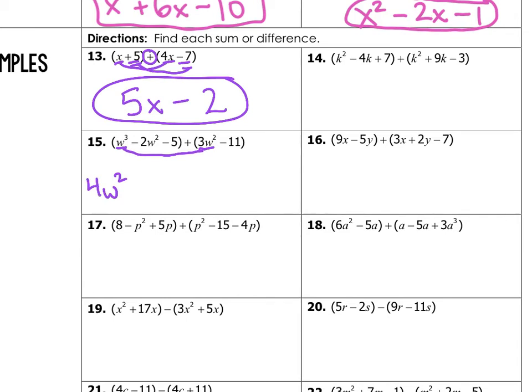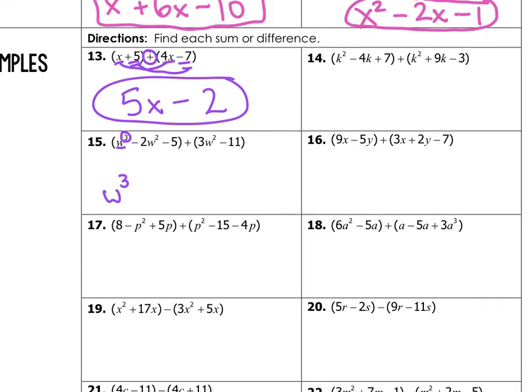So I combine. Oh, I just noticed that I did something wrong. Did you catch it? I'm taking myself for a ride here, ladies and gentlemen. W cubed. The highest degree is w cubed. Do I see that in the second expression? No, I don't. So that means that w cubed is it.